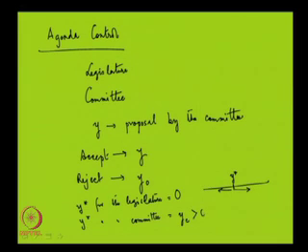YC is greater than 0, suppose. So, this is the setting of the game. In the first stage, the committee proposes something, some Y. In the second stage, the legislature accepts or rejects, and that is where the game ends. So, that is how it looks.